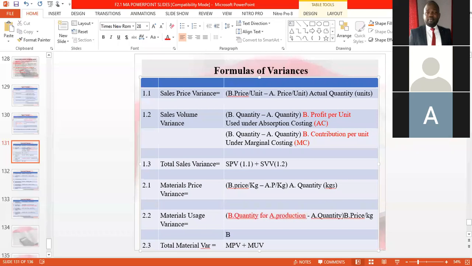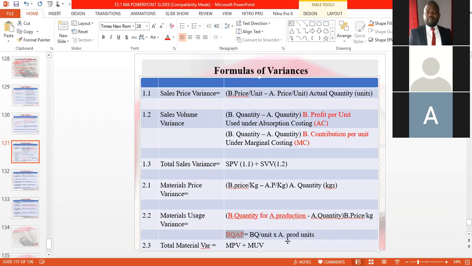Budgeted quantity for actual production is equal to budgeted quantity per unit times actual production units. That is what gives you BQAP.